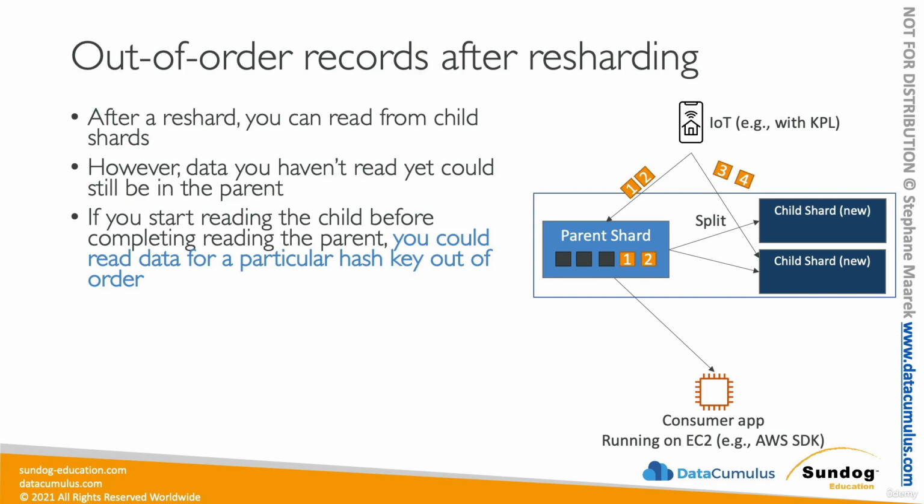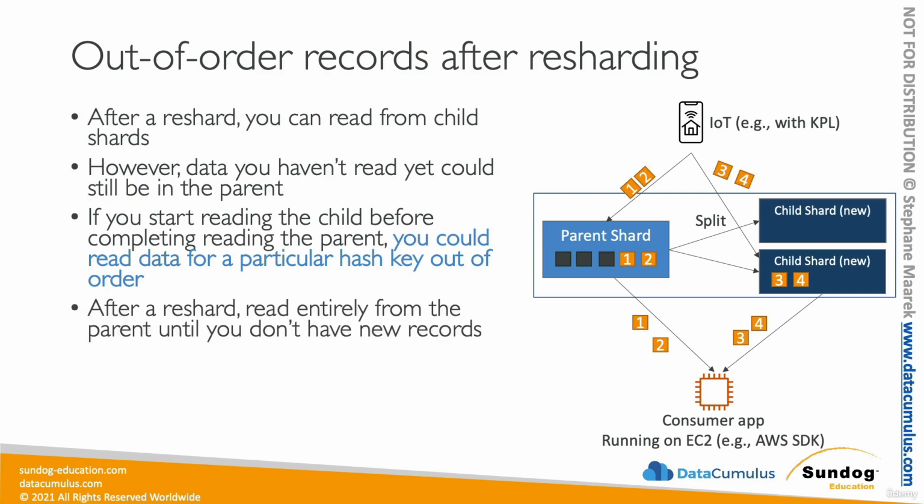Now, if your consumer application isn't very smart, you can request data directly from the child shard before you have read the end of the parent. That means you will see data points 3 and 4 first, and then maybe 1 and 2 next. So this is something that can create out of order records after a resharding operation.